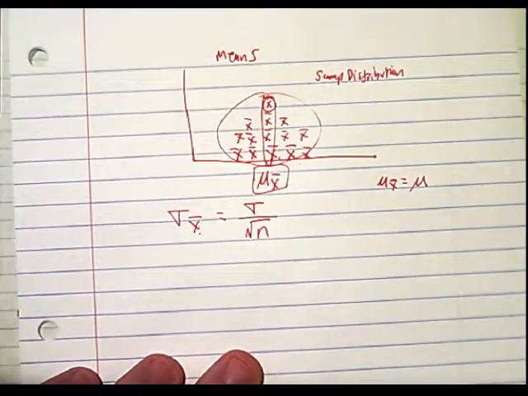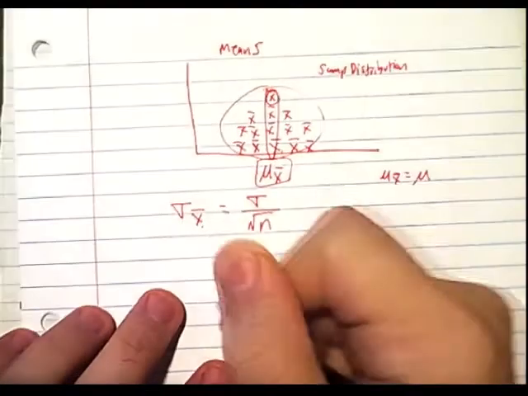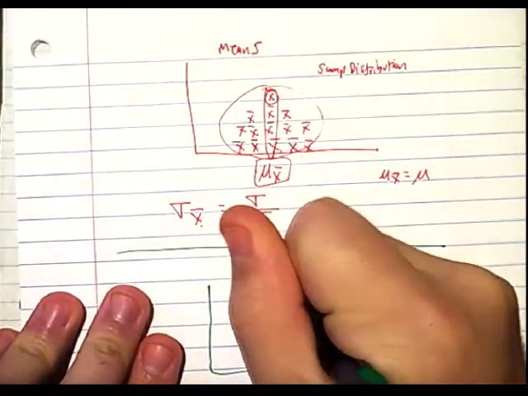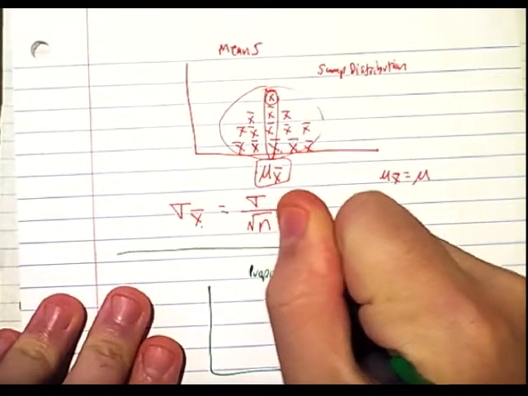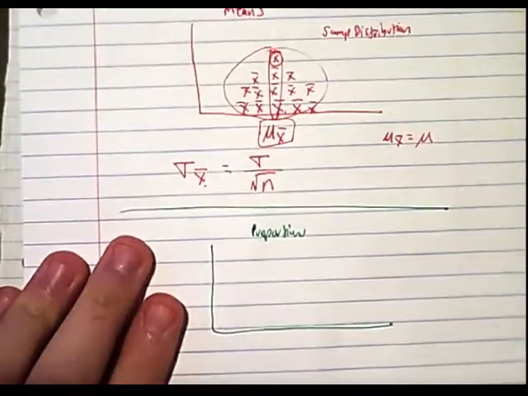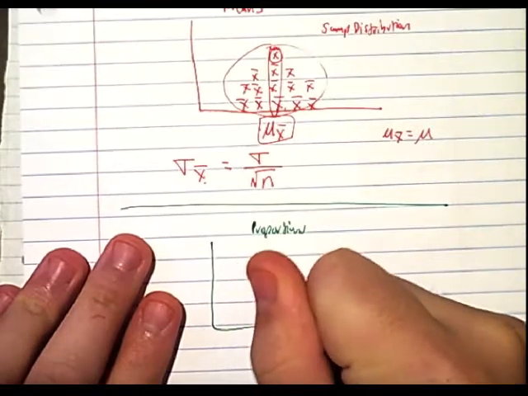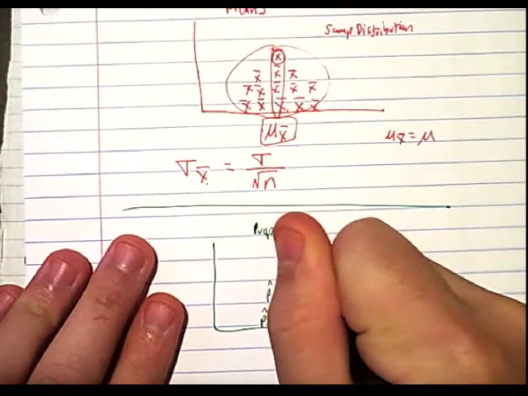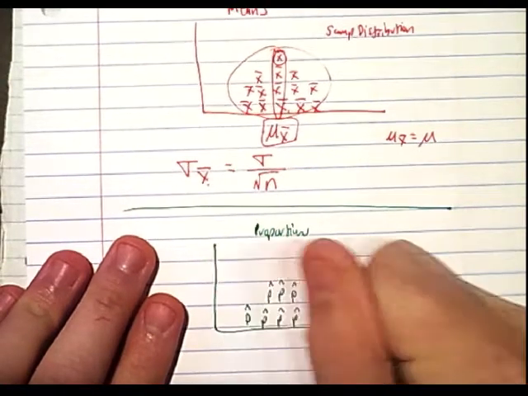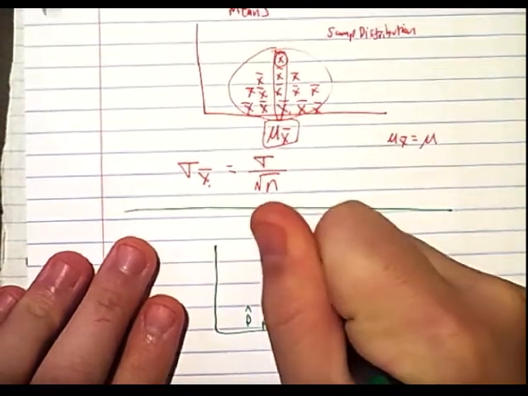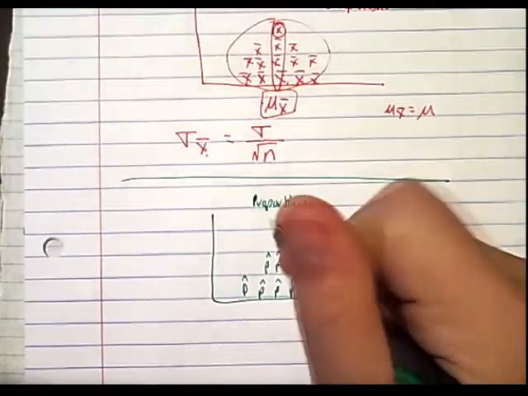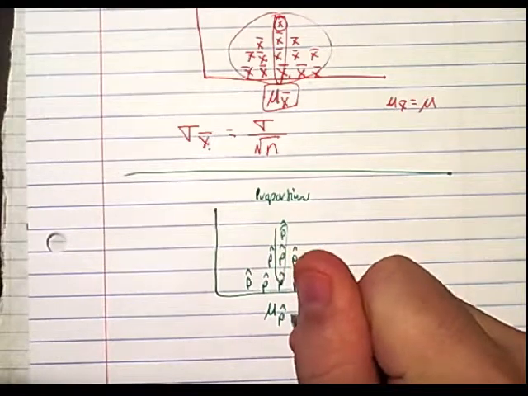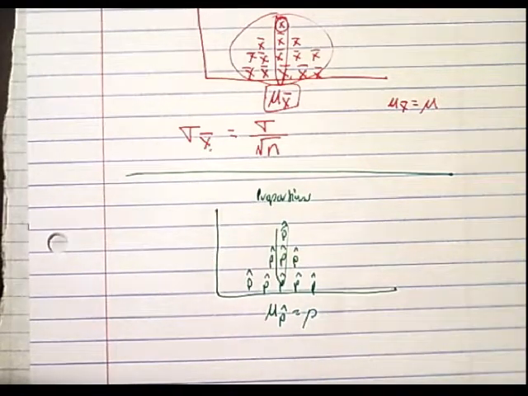Quick review, how does this compare to proportions? If we looked at proportions, we would plot out all these p-hats, and it has a center. The mean of the p-hats is exactly equal to the population proportion rho.